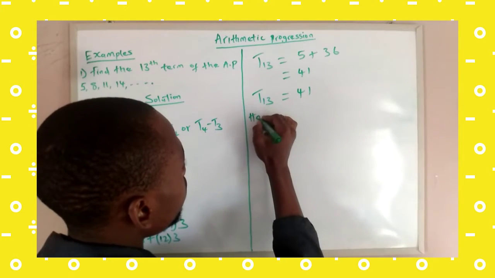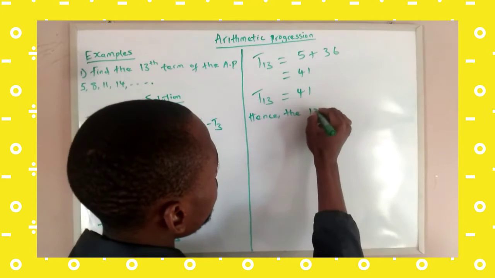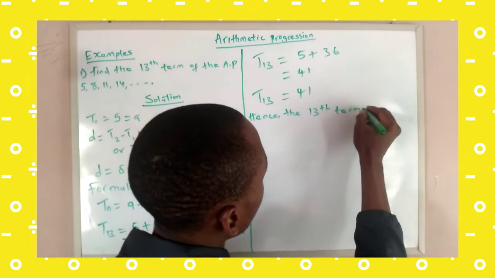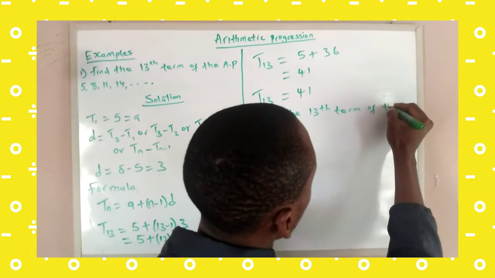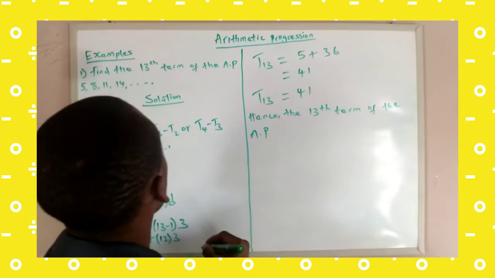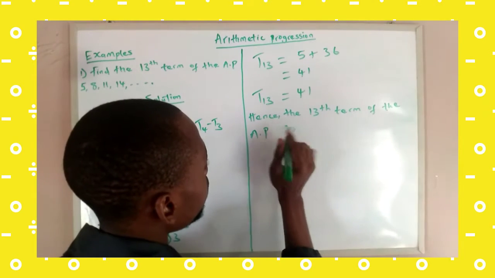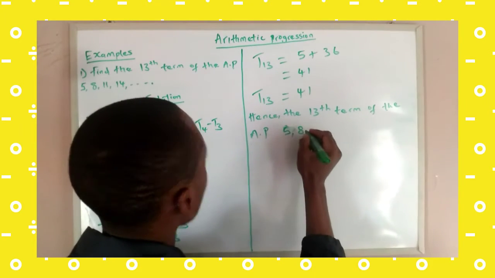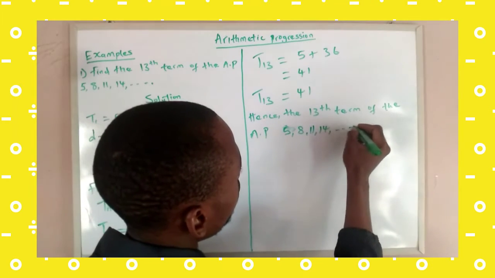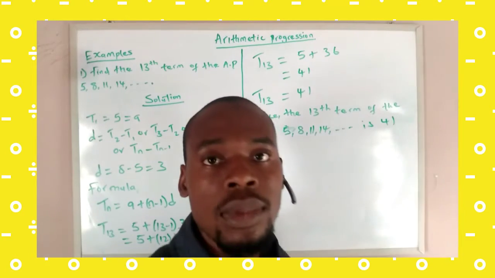Here we write our conclusion. Hence, the 13th term of the AP, which denotes arithmetic progression, 5, 8, 11, 14, and so on, is 41. That's it.